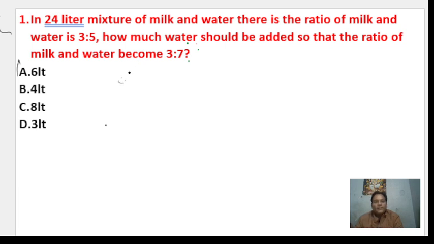Let's suppose two persons A and B are here. This is another example, not related to this question. Let's suppose the ratio of their ages is 2:3. You can say if A is 2 years old, then B will be 3 years old.